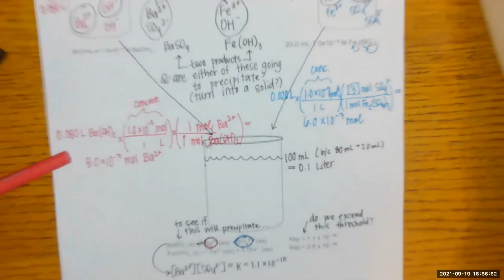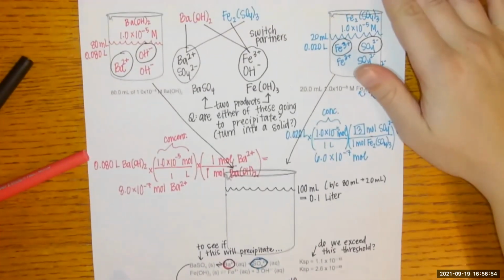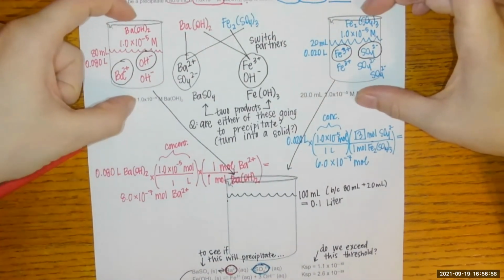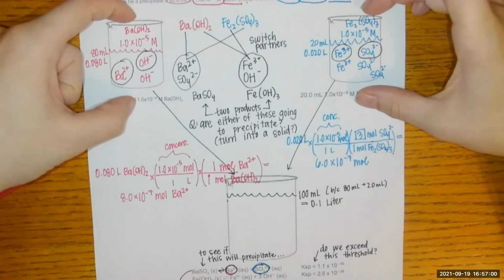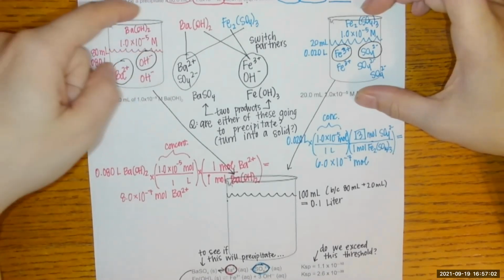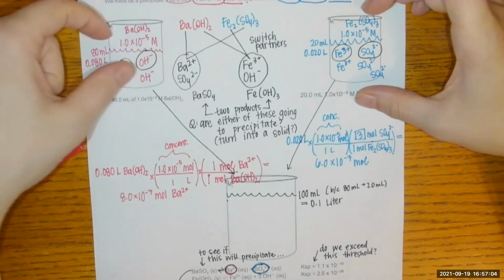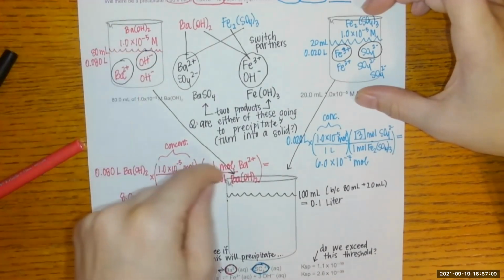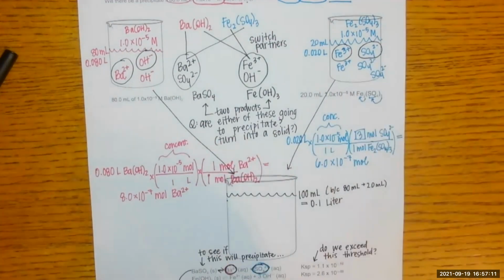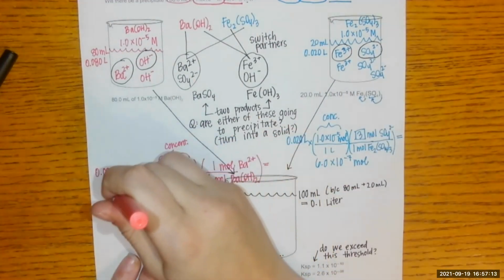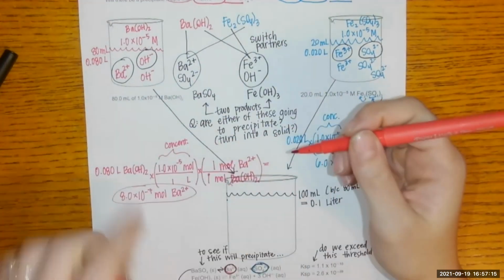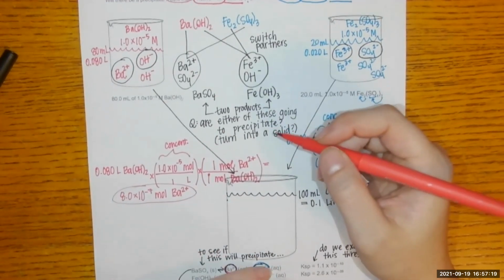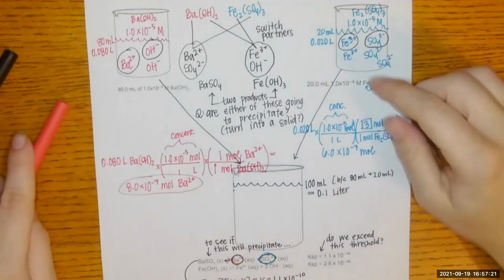So, taking a break. So far what we've done is we started out with our beakers. From beaker 1, I was like, tell me about the barium. I did some maths and I figured out there's this many moles of barium that are now in this beaker.